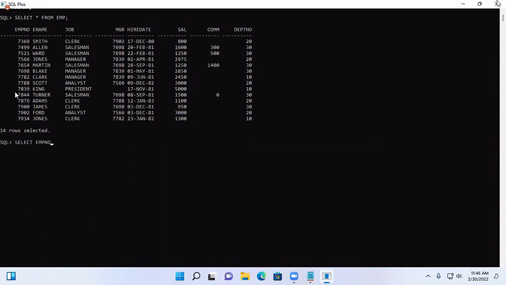SELECT EMPNO, ENAME, SAL, COMM, and what I need to calculate is salary plus commission, showing it as total salary, FROM EMP table, WHERE ENAME is equals to Allen. Now I got my output. Tell me, is it clear? We don't have any problem now.